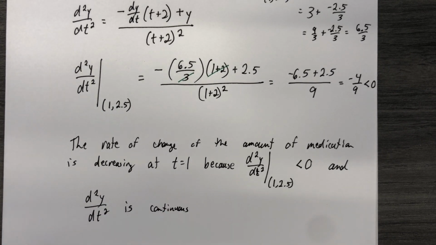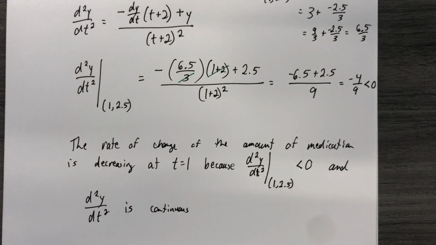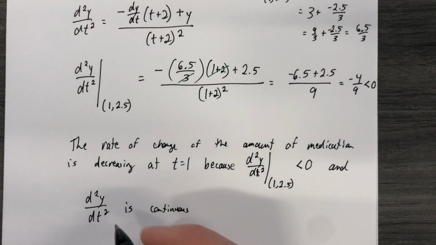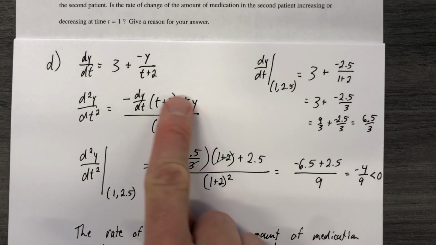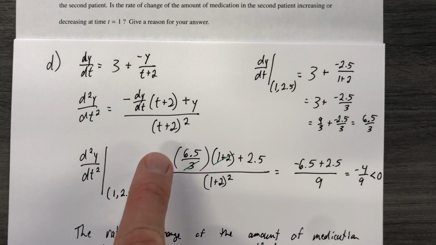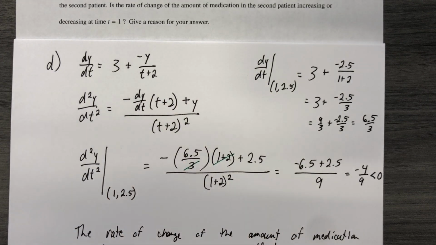So originally when I worked this one out, again, I thought, okay, yeah, I've said what I need to say, but to be able to make that statement, I have to have continuity, and I do. So it's good to say that because the second derivative, which is staring me in the face right here, is continuous at t equals 1. Like t equals 1 does not create a discontinuity, so we're fine.